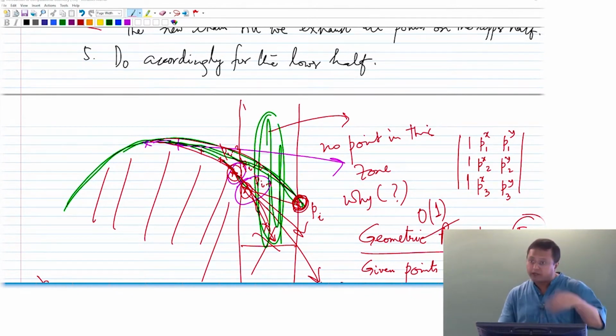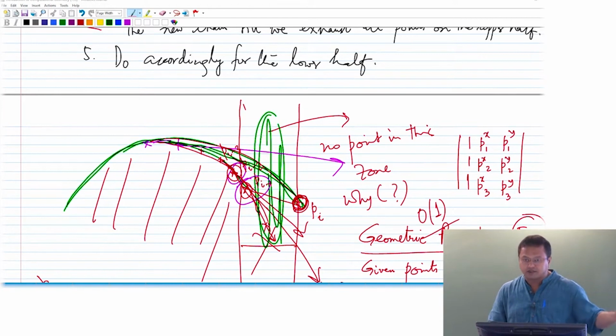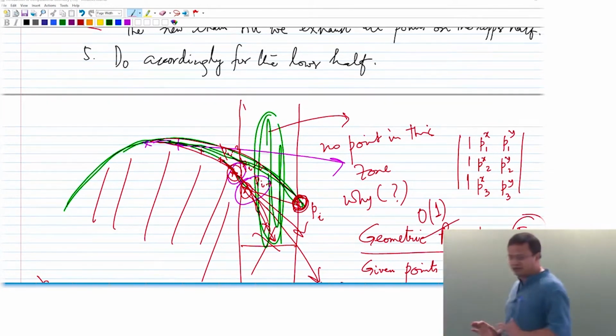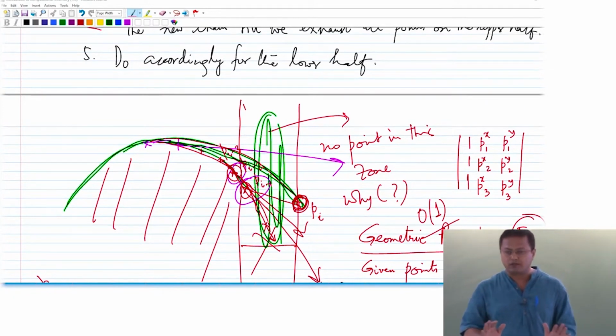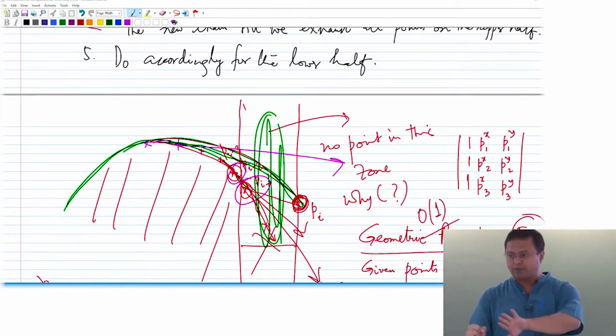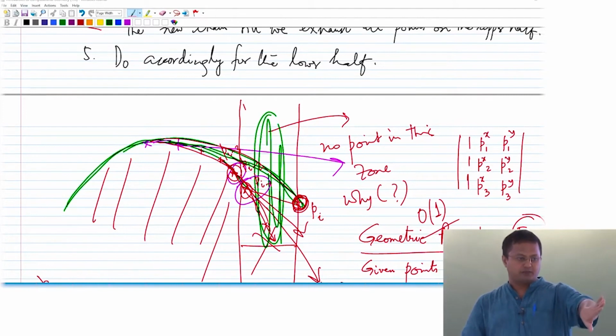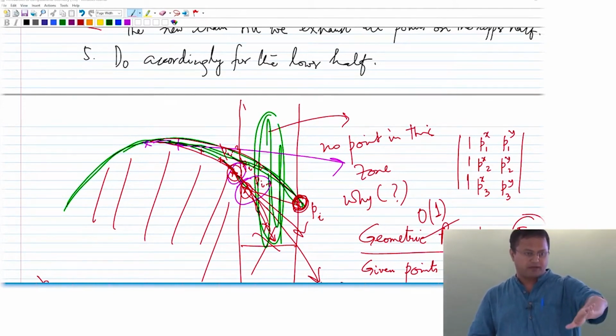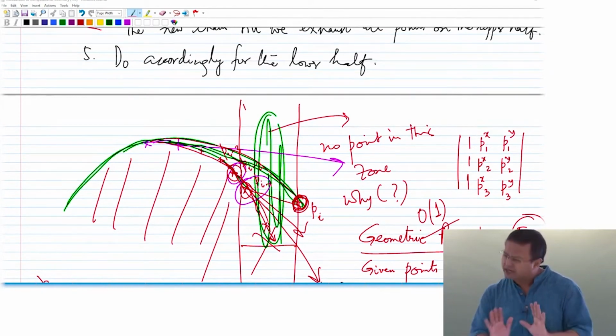If I am doing the analysis without thinking of anything, this would go up to n square. For each insertion of Pi, I might have to delete a constant fraction of n many points. So, this can blow up to n square, but that is a very nasty kind of overcounting.